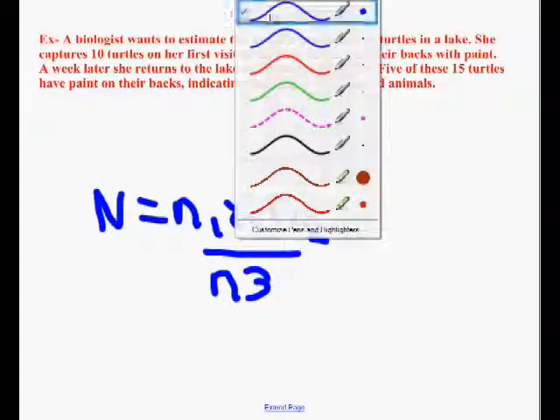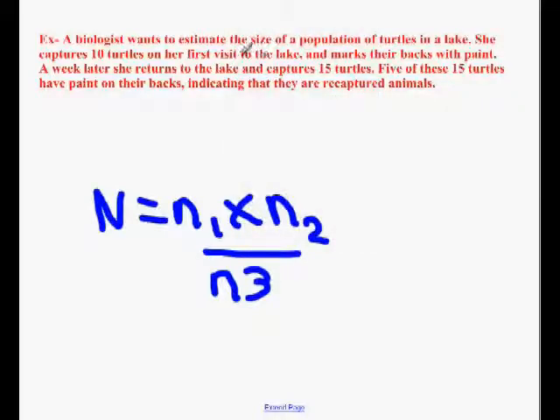We first went to the lake and captured 10 turtles, and we marked them. Then we went back there and recaptured, let's see, how many turtles did she recapture? She recaptured 15. And of those 15, 5 of them had markings, so 1/3 of them.